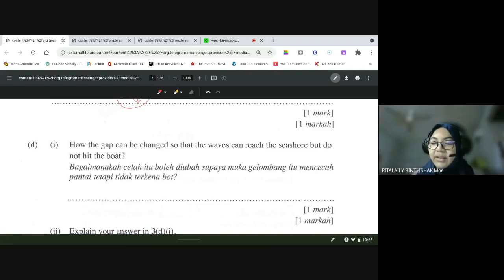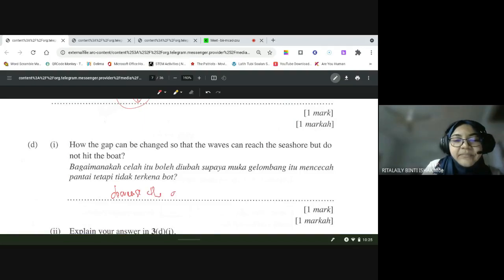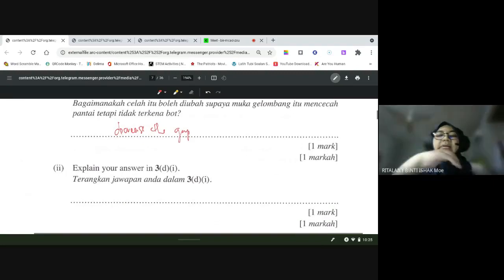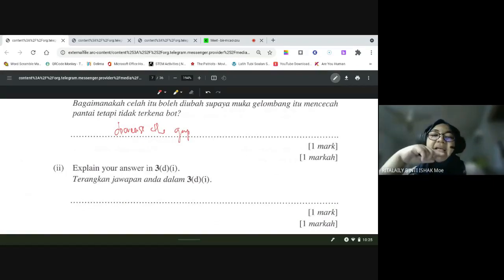Okay, so decrease. Kenapa decrease the gap? Bigger gap, more wave spreading.